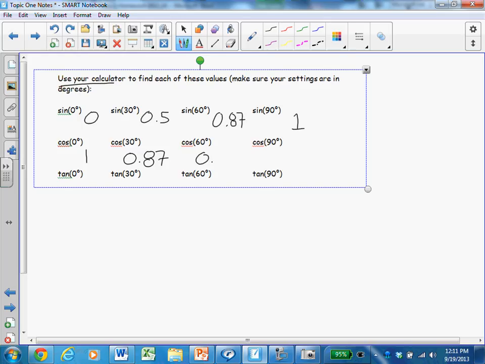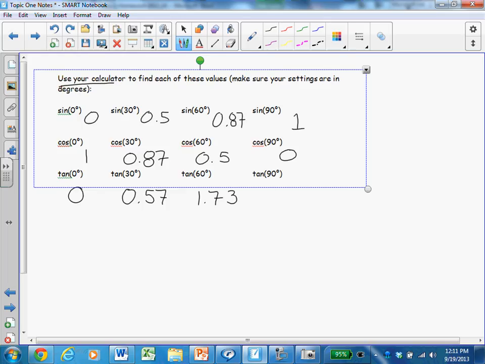Yeah, there is no adjacent. Tangent of 0? So tangent would be opposite over adjacent. If the opposite is 0, that makes that 0. Tangent of 30? Tangent of 60? Tangent of 90? Huh?